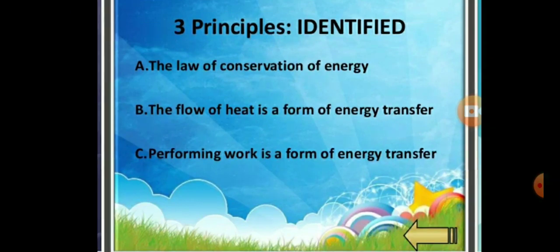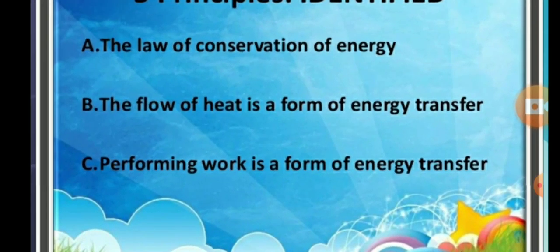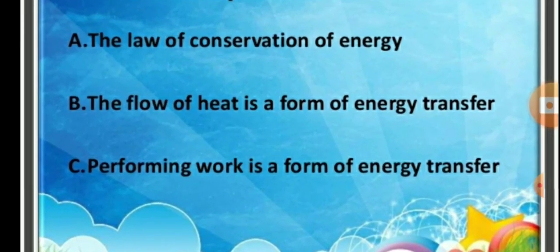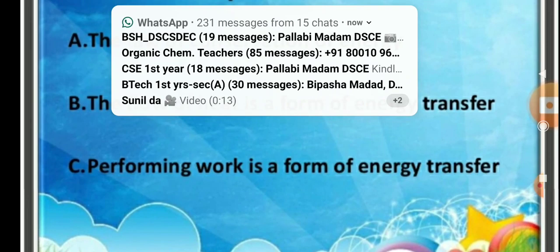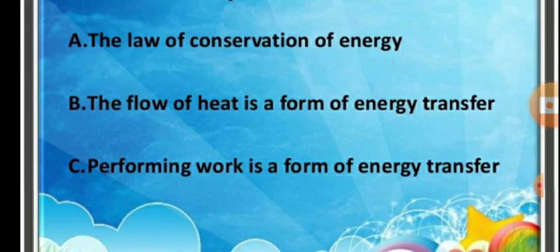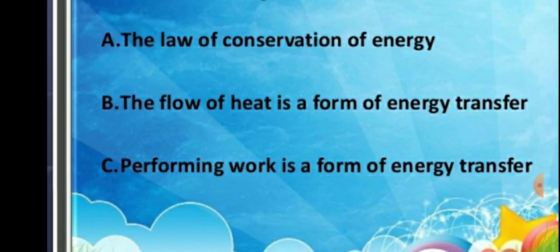So the first point is the law of conservation of energy, and second is that the flow of heat is a form of energy transfer. Yes, we can transfer one energy to another energy. Third, performing work is a form of energy transfer. I just told you.